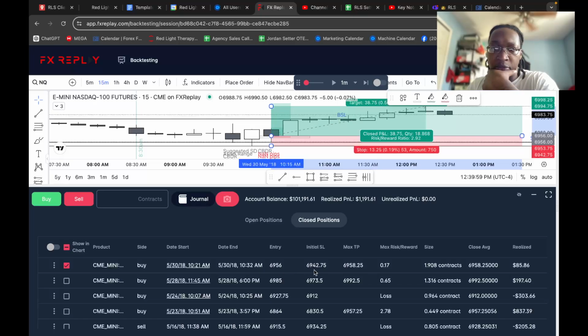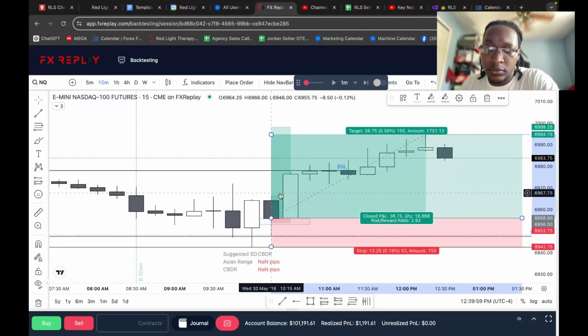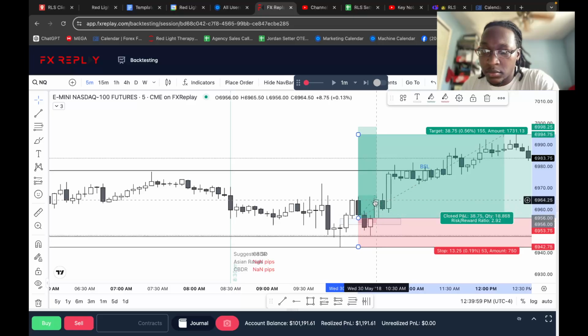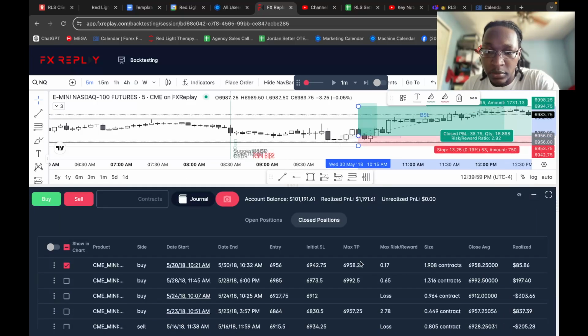Initial stop loss at 6942. Max TP. That's why. Max TP is 2 fucking points. Max TP was right here. 6958. This is what max TP was. Are you fucking serious? Like, bro, are you kidding me, bro? 695825. You shitting me, bro?